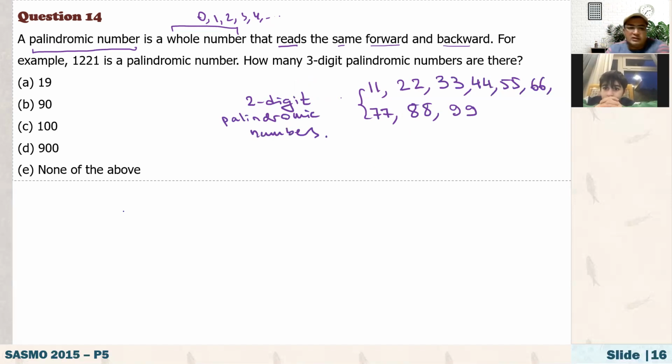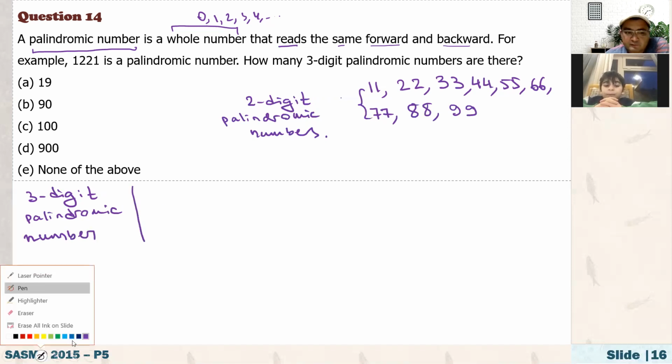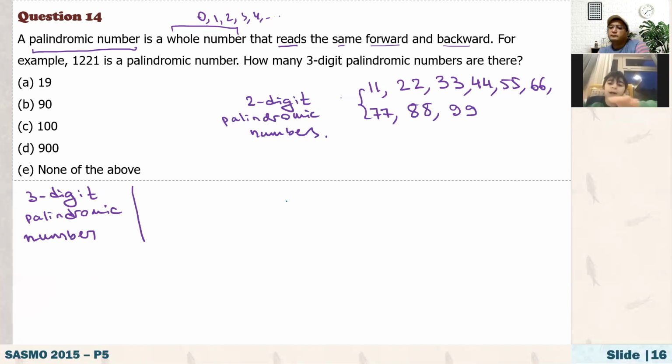Now, can you tell me some 3-digit palindromic numbers? Let's start from the smallest one. 101, for example.